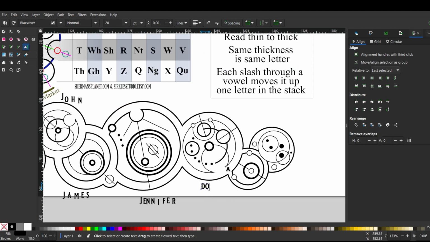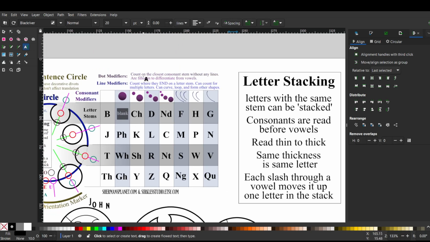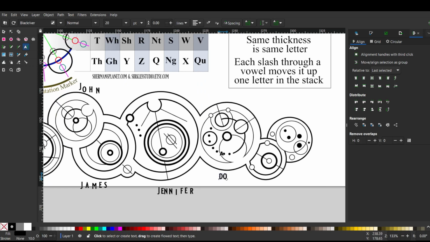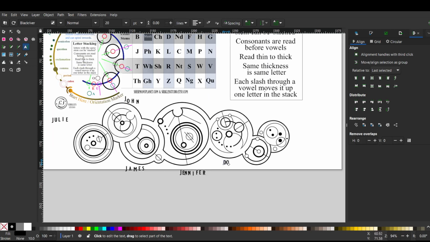So D-O. So 1, 2, 3 dots on the D. And these 1, 2, 3, 4 dots are all closest to this consonant stem, then this one. And consonants' dots count on the closest consonant stem without any lines. So D-O, and then we have 1, 2, 3 lines on the circle inside the word circle.